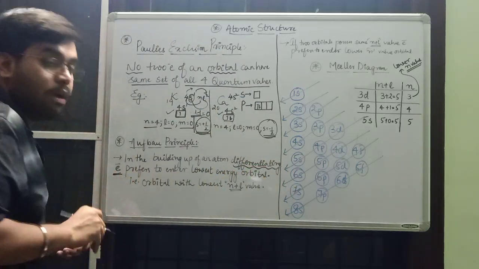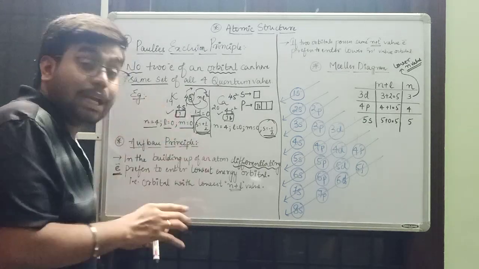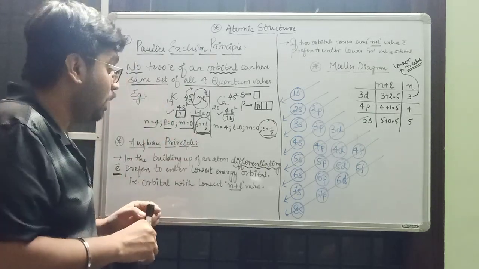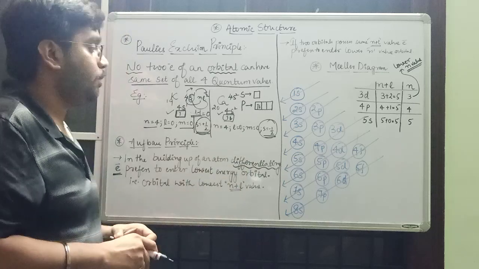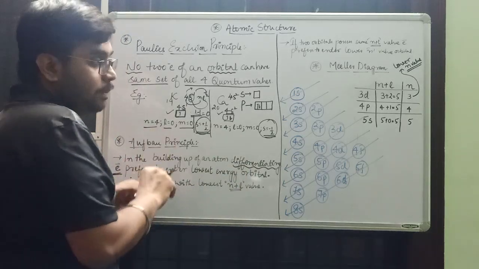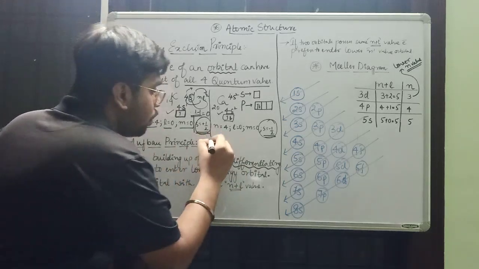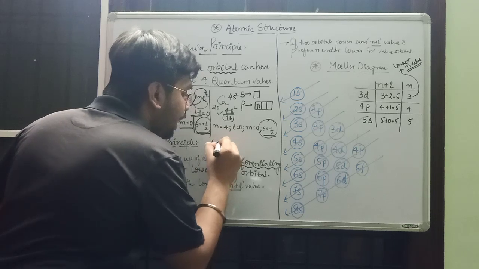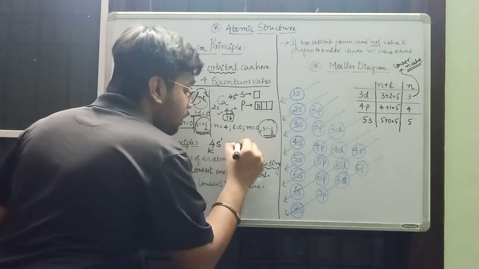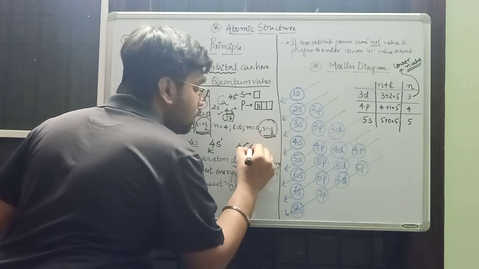Differentiating electron. In building up of an atom, what does the differentiating electron mean? You see, 4s1 is potassium and 4s2 is calcium.